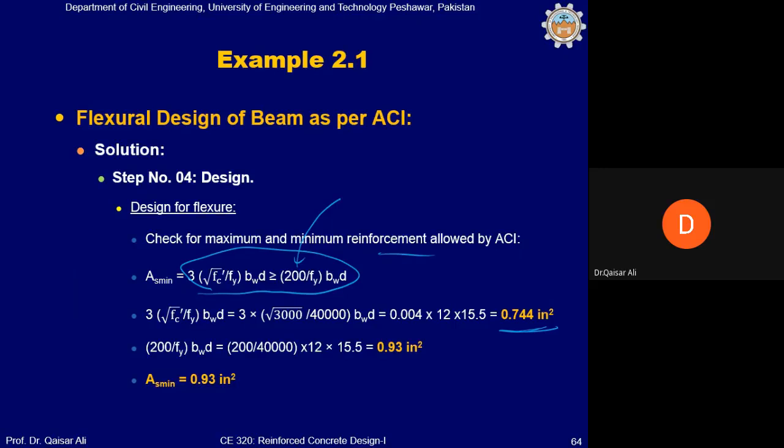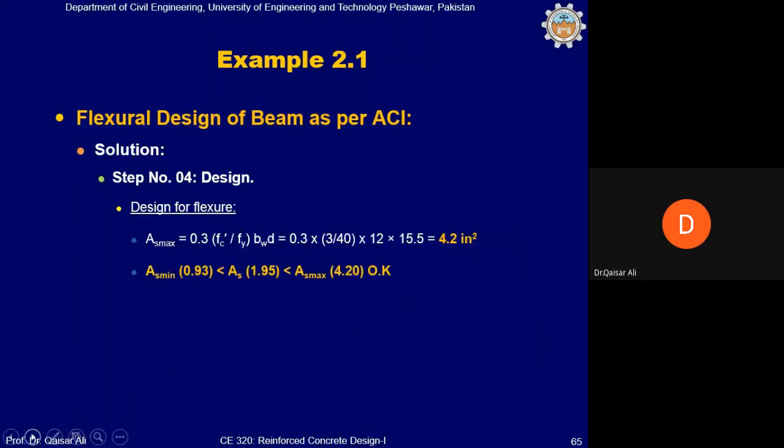For grade 40, you already know that the minimum reinforcement will be 0.5% of bd. This is not governing, this is governing, the second equation. 0.93 inch square is the minimum reinforcement.